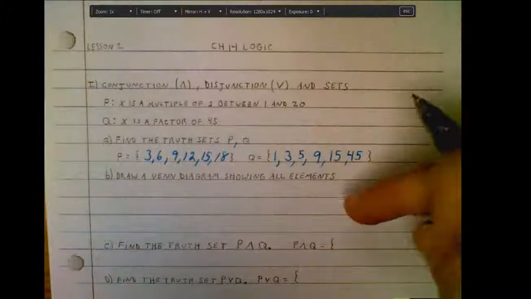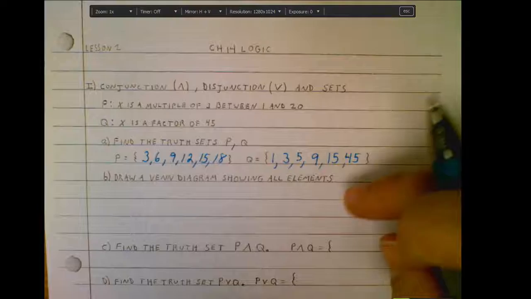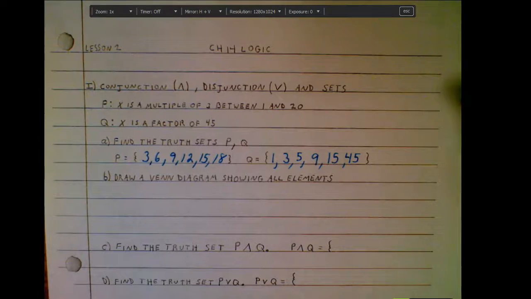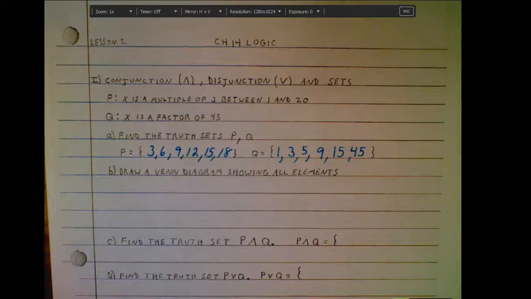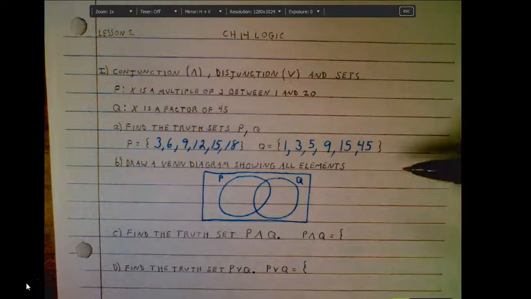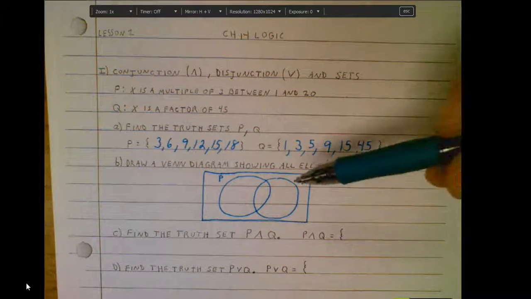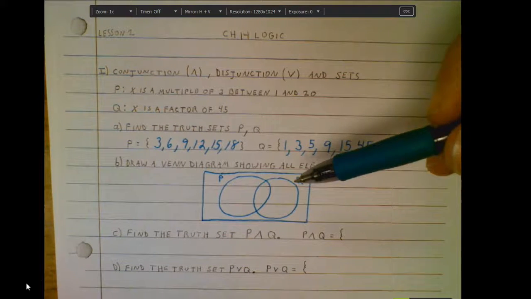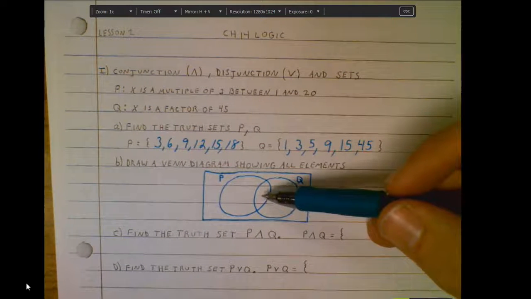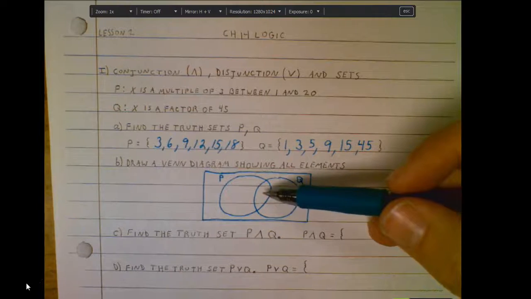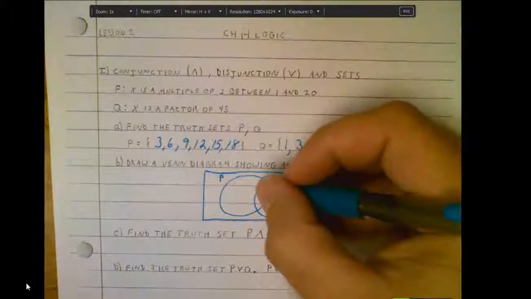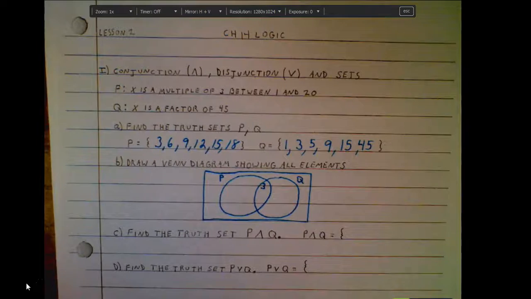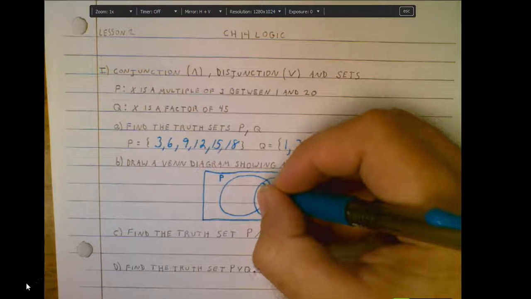And so now we can kind of do something that we've dealt with in the past, is the idea of a Venn diagram. So there's our Venn diagram for this. If we were to fill this out, just like we did in the last chapter, remember we always start with the inner piece right there, and we find what those two sets have in common. So if you look, they both have a 3 in there. They both have a 9, and they both have a 15.